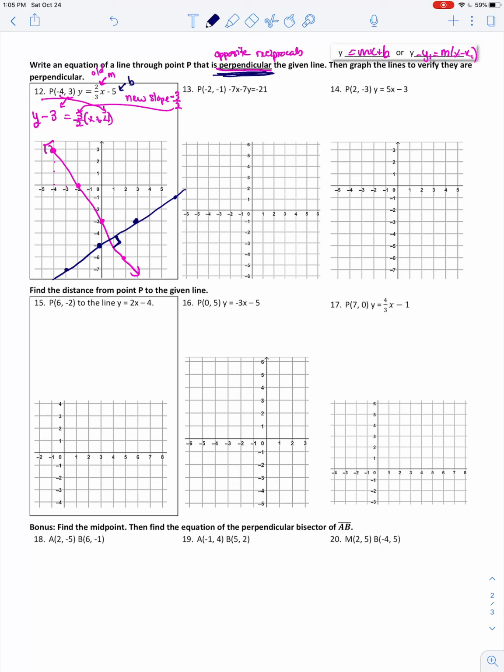Our last example is number 15 in a box, and we want to find the distance from point P to a line. The distance, how far apart is point P from this line y equals 2x minus 4. So we can start by graphing y equals 2x minus 4, rising 2, running 1 from -4.